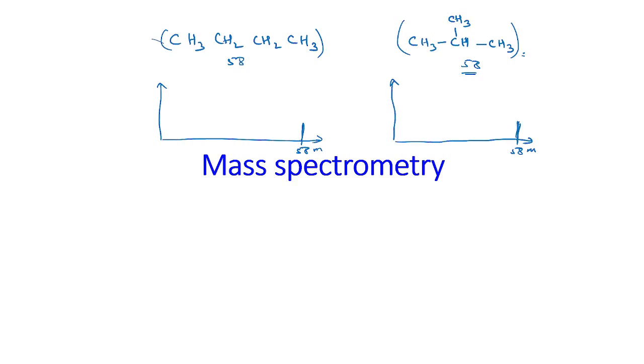Okay, then comes the interesting thing. Suppose we want to remove or eliminate one of the methyl groups. So if we want to remove one of these methyl groups, what will happen now?